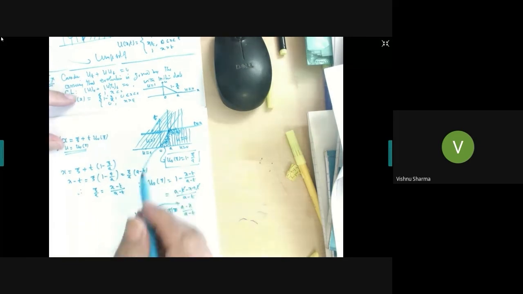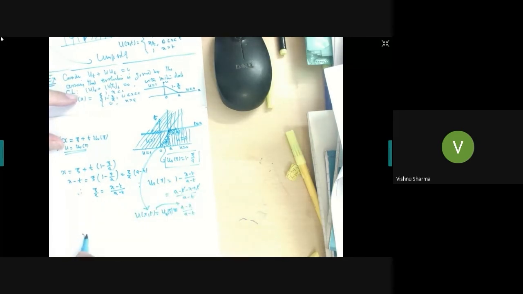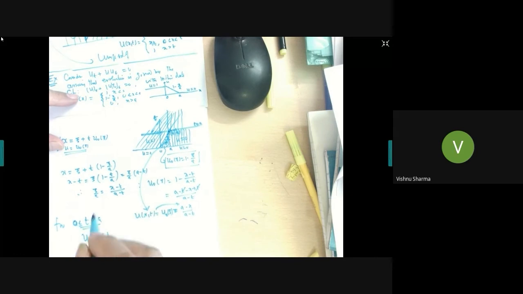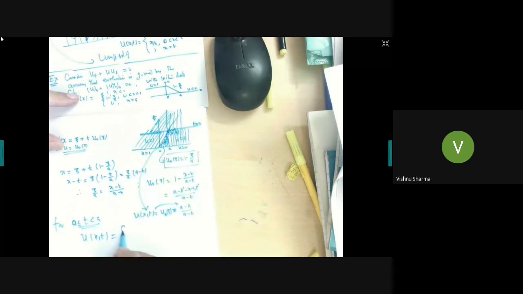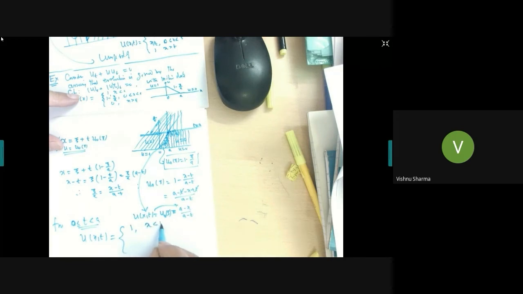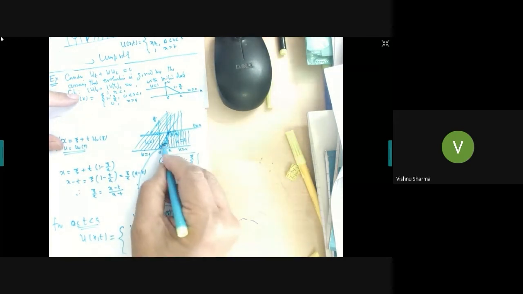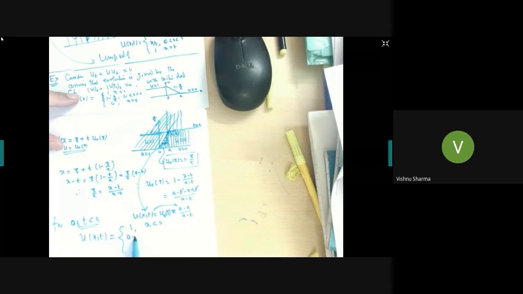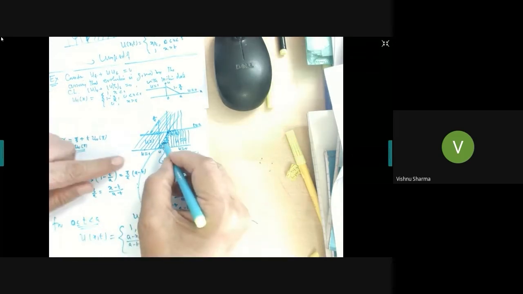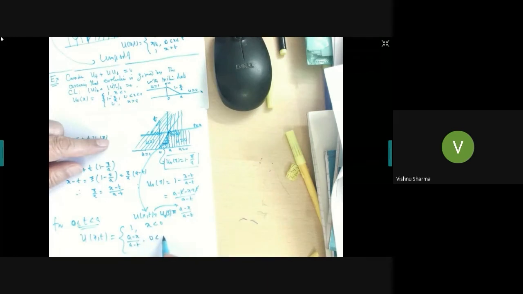So I can write the solution for t greater than or equal to 0 and less than a, in this open interval. On the left, when x is less than t, the solution is a minus x upon a minus t.